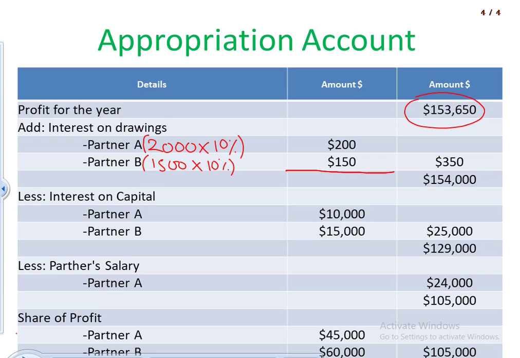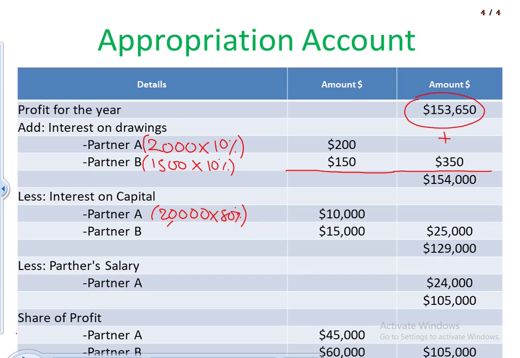Now, once I have this number, I add them together, and I add that to the profit for the year here. Now the total is 154,000. The first thing that I did is give away interest on capital. Interest on capital, we set at 50%. So 50% of 20,000, we get 10,000.